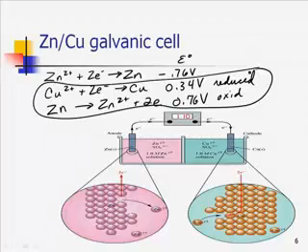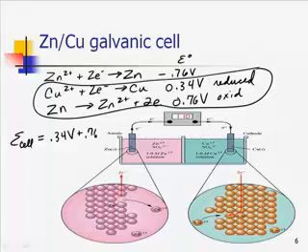And if we want to know what the potential is between these two half cells, we just add the two values. So my E cell, that's the potential when I hook up these two half cells. In this case, from the reduction, it's 0.34 volts, and from the oxidation, it's 0.76 volts, which would give me 1.10 volts.